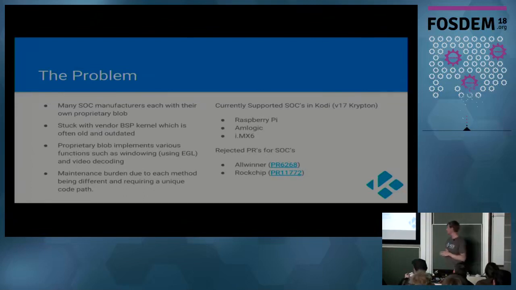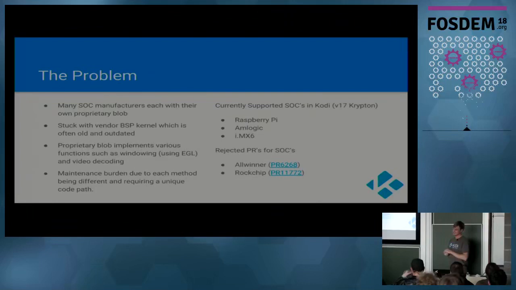It's actually quite large. So currently in Kodi, as of the version 17 release, so the version that's already out, Raspberry Pi, Amlogic, and IMX6 support existed. Varying degrees of success with all of them, but Raspberry Pi being pretty well, and it is a vendor-supplied kernel with blobs to use it.